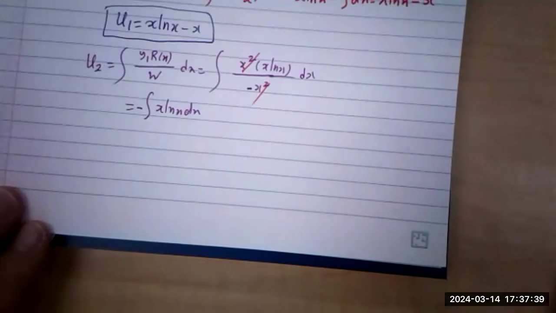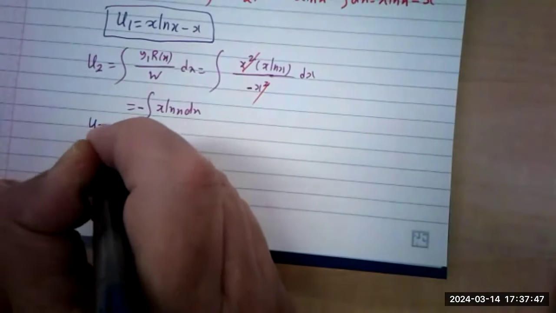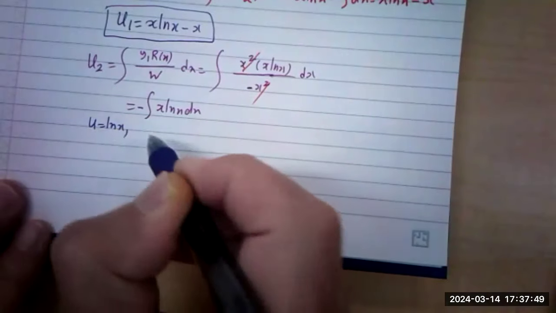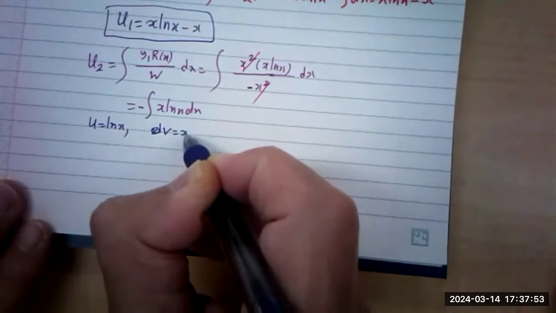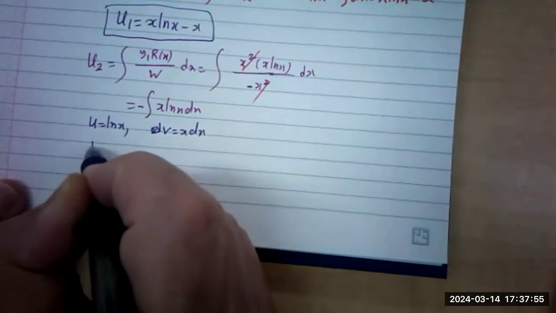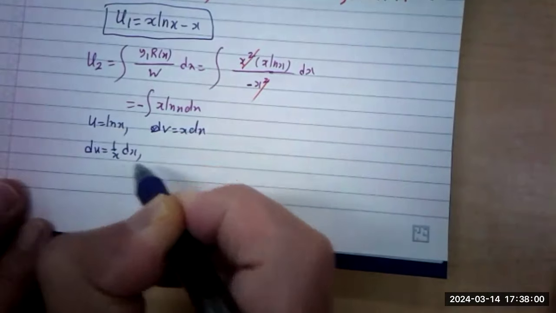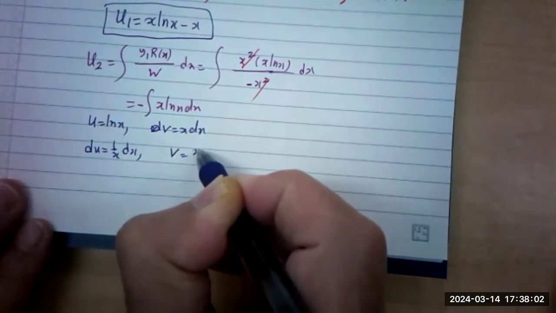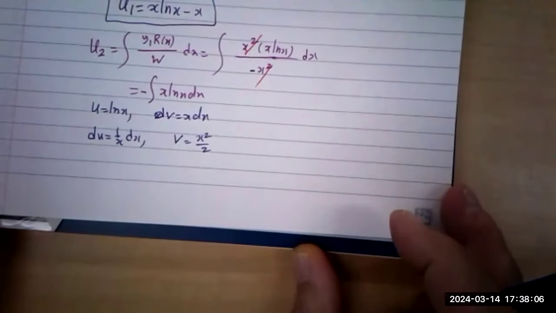That would be x squared over 2 ln x minus x squared over 4. You can do it. You have to take u to be ln x again, so dv would be x dx, du is 1 over x dx, and v is x squared over 2. Always take u to be ln x.